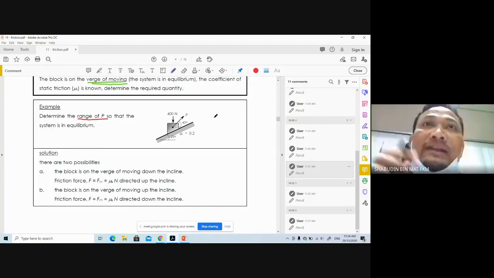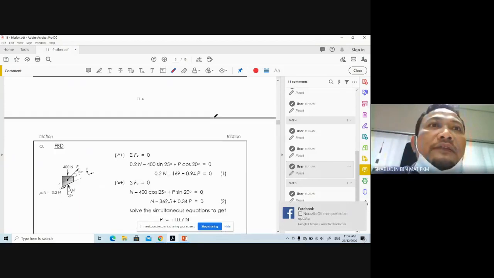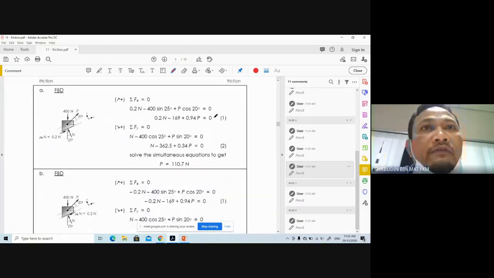So you do two analyses. The first one assumes the object may fall down, and the second assumes the object may move up.